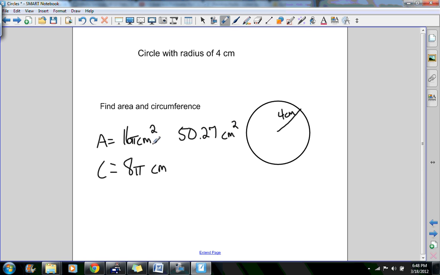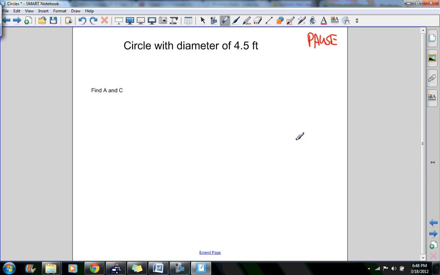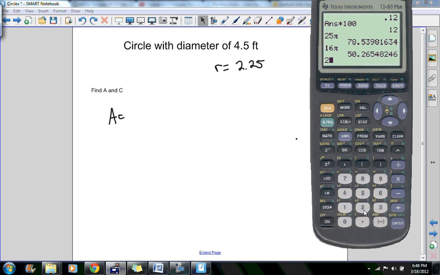Once again, this answer is much better. Give this one a try, see how it goes. Alrighty, so the first thing we got to figure out is if the diameter is 4.5, the radius has to be 2.25. So the area is going to be 2.25 squared. Now this is the one where I will actually do the decimal answer because we're already in decimals. So it's 5.0625 times pi.